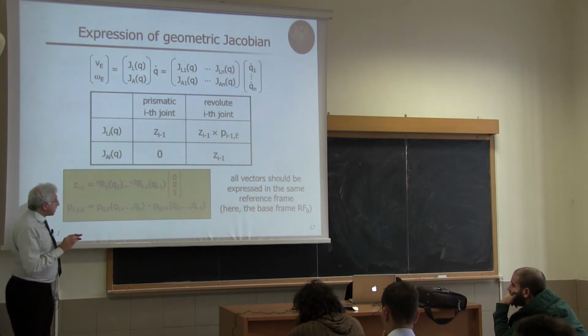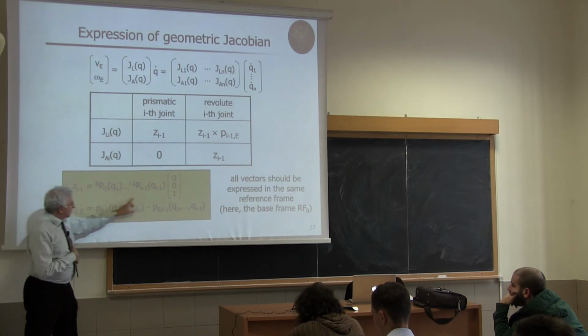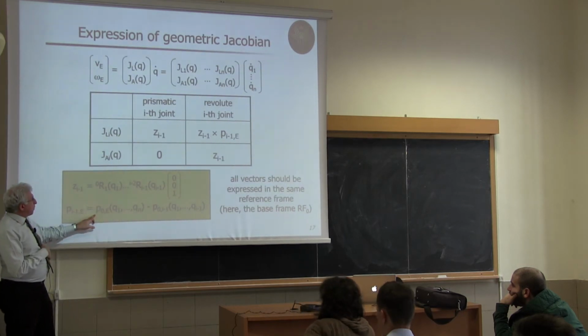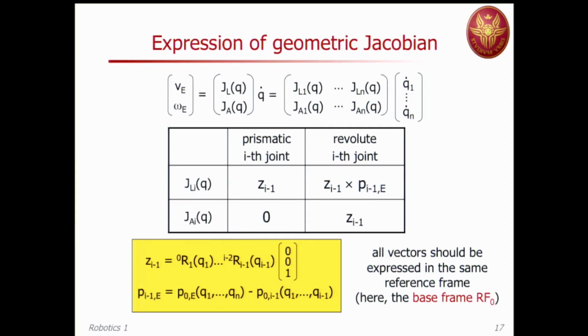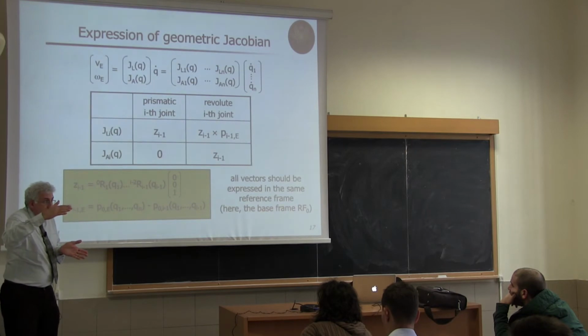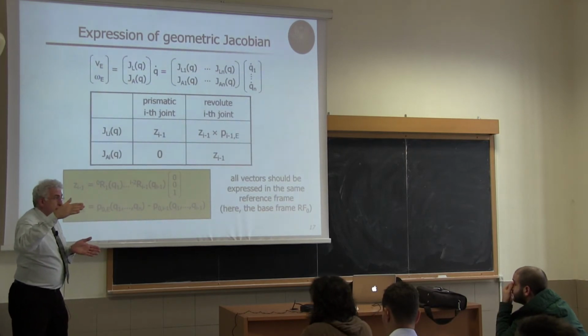So I'm writing this as the difference between two vectors from the base to the tip, and this is the full direct kinematics of the robot, minus from the base to the origin of frame i-1, which is a partial direct kinematics up to the origin of frame i-1.